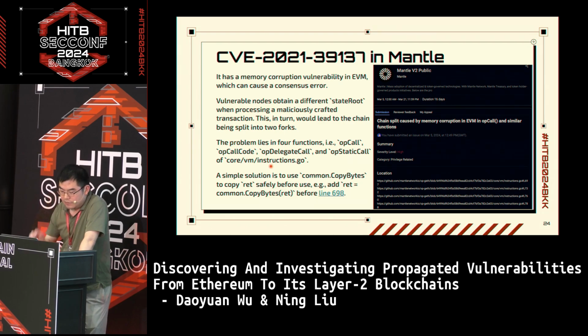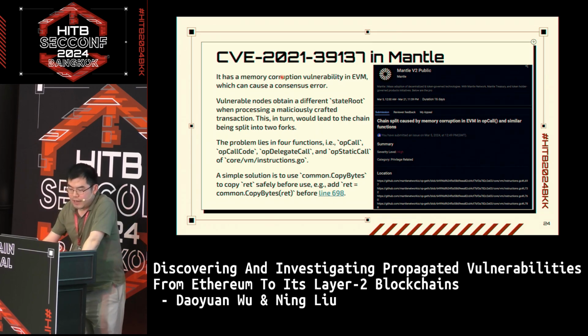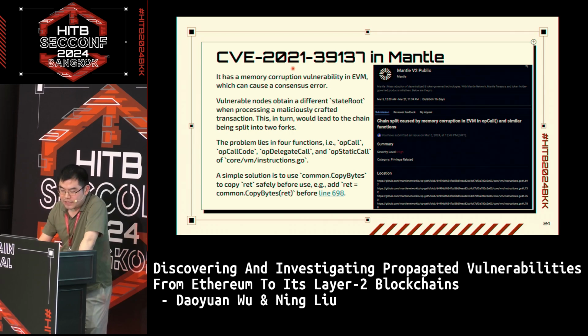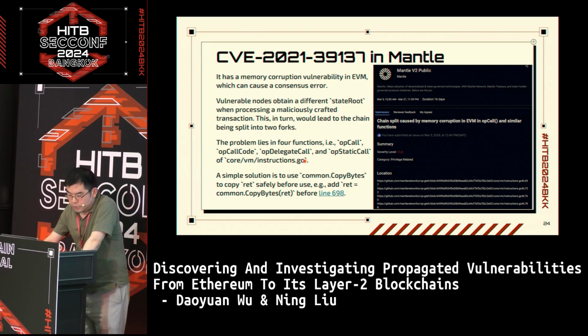And lastly, the Mantle blockchain actually has a memory corruption issue, but instead of causing denial of service, this time the memory corruption will cause a consensus error.